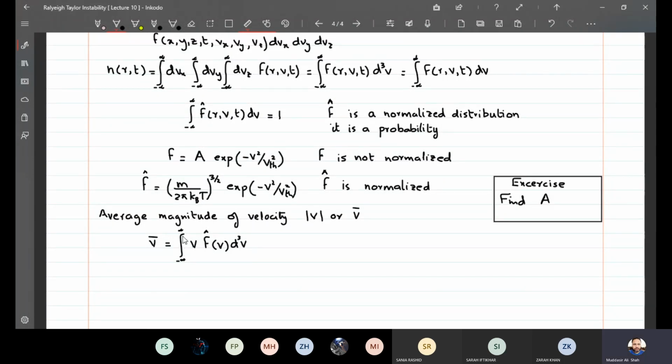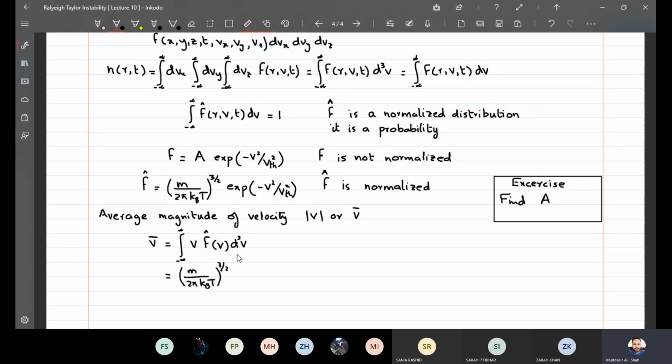So if I use this normalized distribution here and try to solve this term, then I will get, let me write it down for you, m over 2.